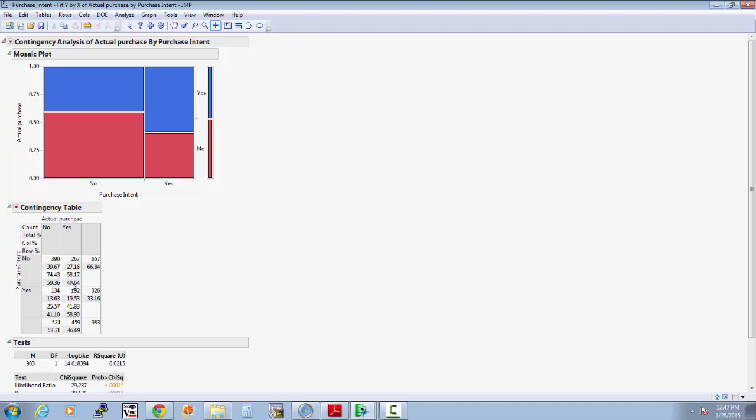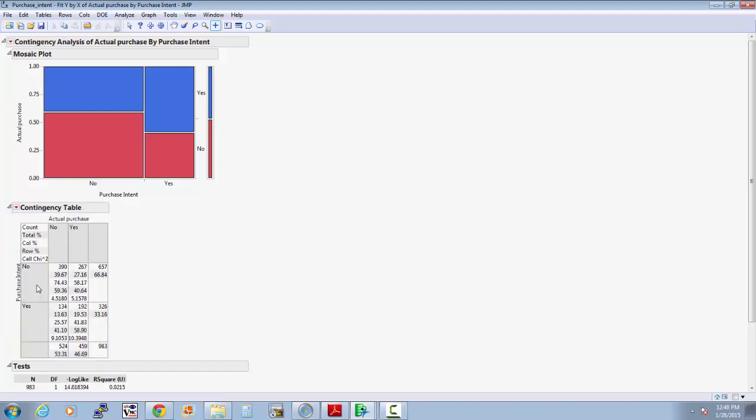There are other things that you can add to these plots if you want to. If we go, for example, to the contingency table, if you click on the little red triangle there, one of the things that one might be interested in adding is the chi-squared for each cell. If you remember, that's the observed minus the expected squared over the expected within each cell, where expectation is being calculated under an independence or no association assumption.